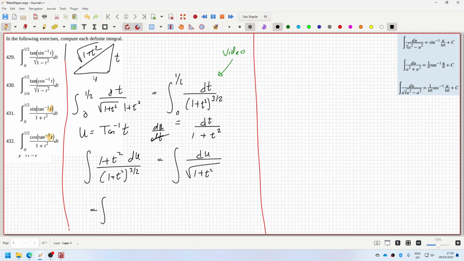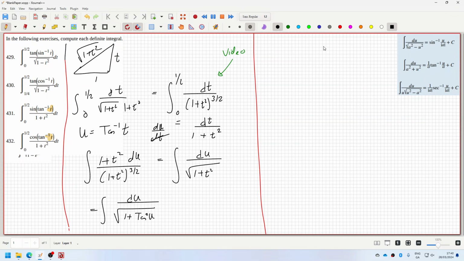But maybe I should just put in 1 over root 1 plus tan squared u du. Okay, now just remember what 1 plus tan squared is.